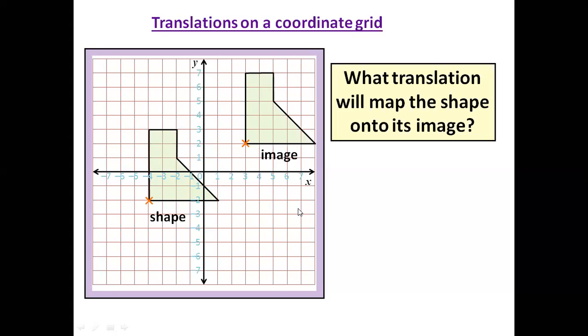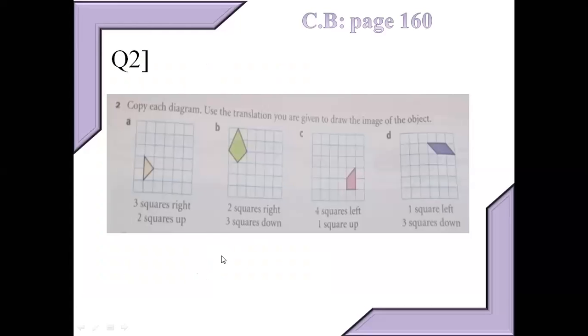It moved to the right. How many units right? You count 1, 2, 3, 4, 5, 6, 7. 7 to the right and 1, 2, 3, 4 up. So 7 to the right, 4 up. This is the description of it. And you continue the rest.